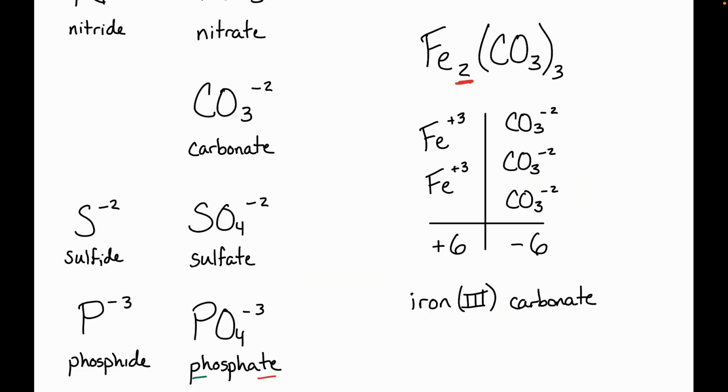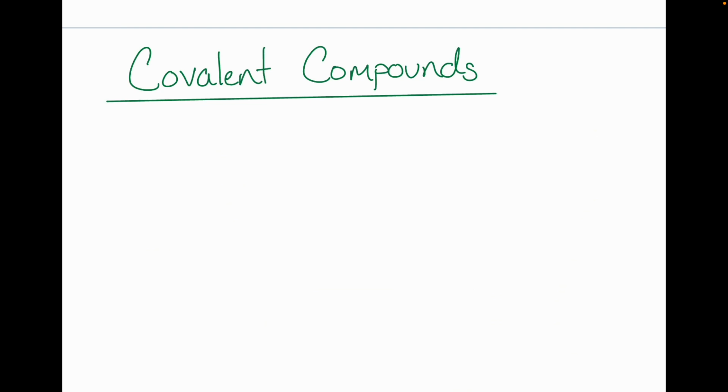All right, so we saved the easiest for last here. All right. These are now what are called covalent compounds. Whereas an ionic compound consists of a metal and a non-metal, a covalent compound is only nonmetals.